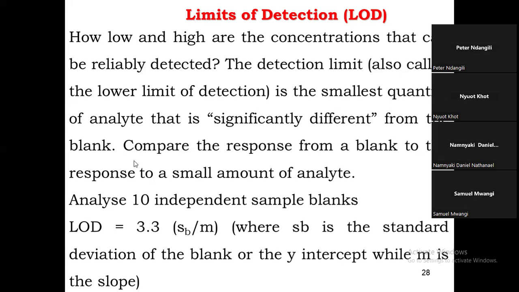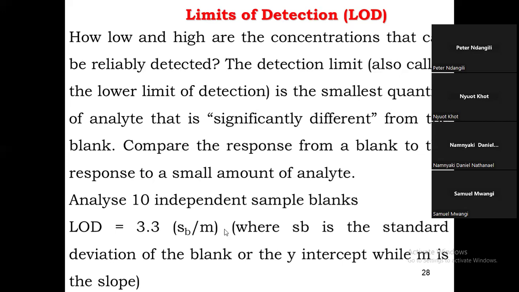So when you carry out 10 blank measurements, the limit of detection is going to be calculated by 3.3 multiplied by the standard deviation of the blank, and you divide by the sensitivity. Sensitivity here is the slope. It's the slope of your analysis.